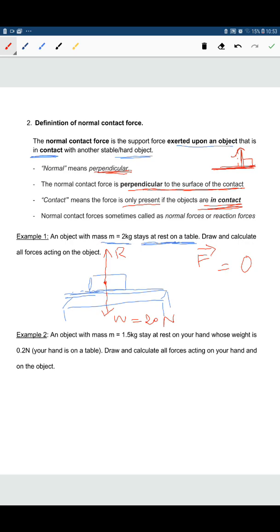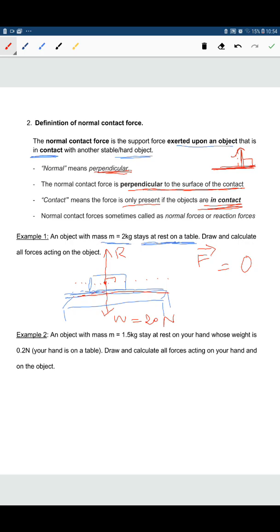It's acting upward and it is perpendicular to the contacting surface. And the net force is zero.